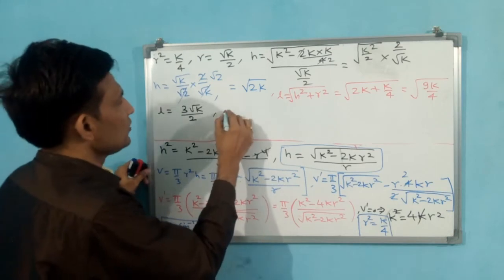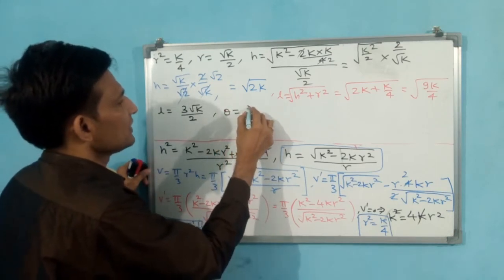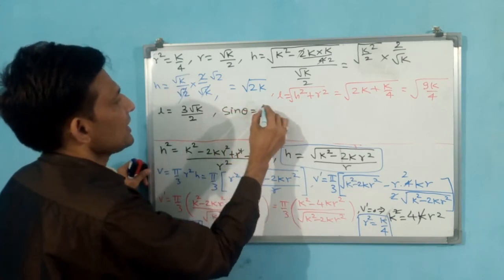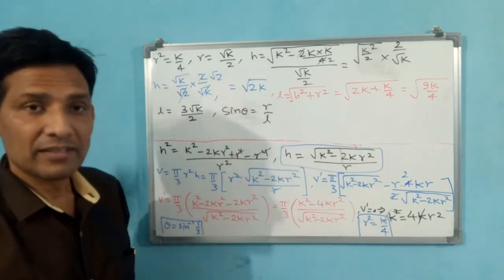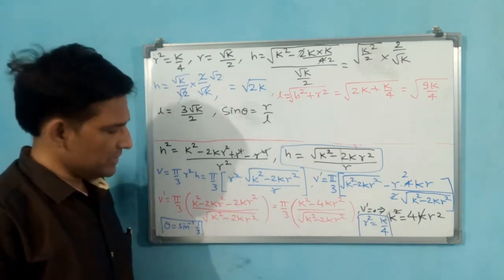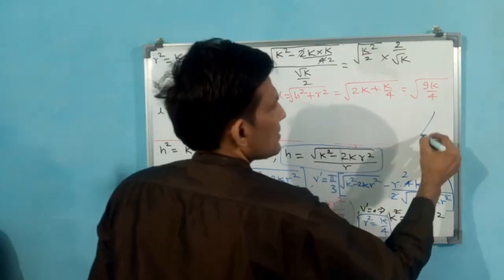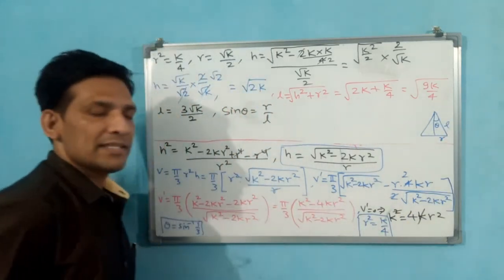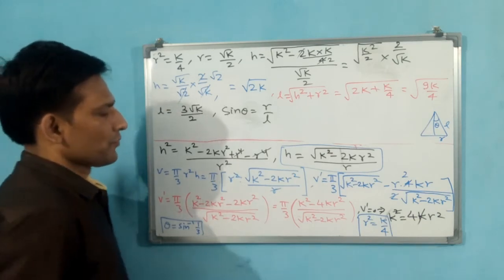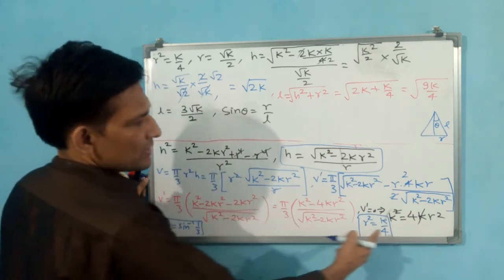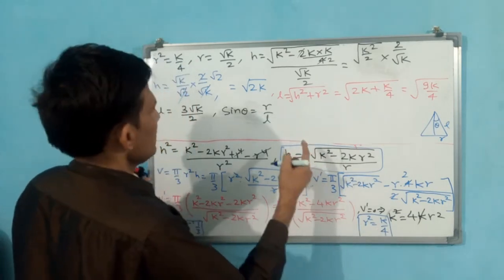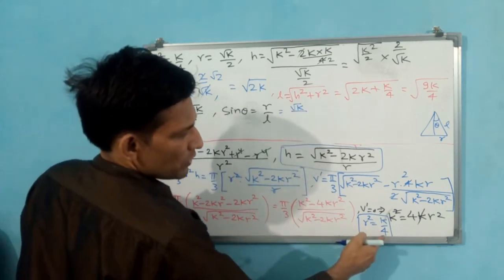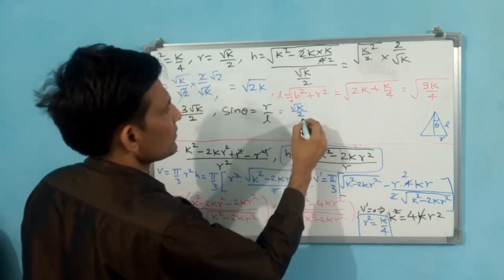Now, sin theta is equal to R by L. That figure, shall I write again? This is theta, this is R, this is L. Sin theta is equal to R by L. R means how much? Root k by 2.